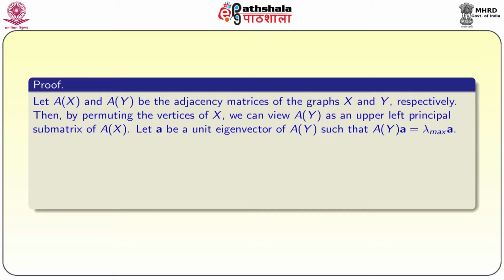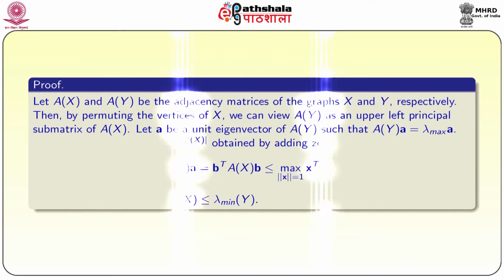Let a be a unit eigenvector of A of Y, the adjacency matrix of Y, such that A of Y times a is equal to lambda maximum of Y times a. That means a is an eigenvector corresponding to the maximum eigenvalue of Y, and we are assuming it is a unit eigenvector.